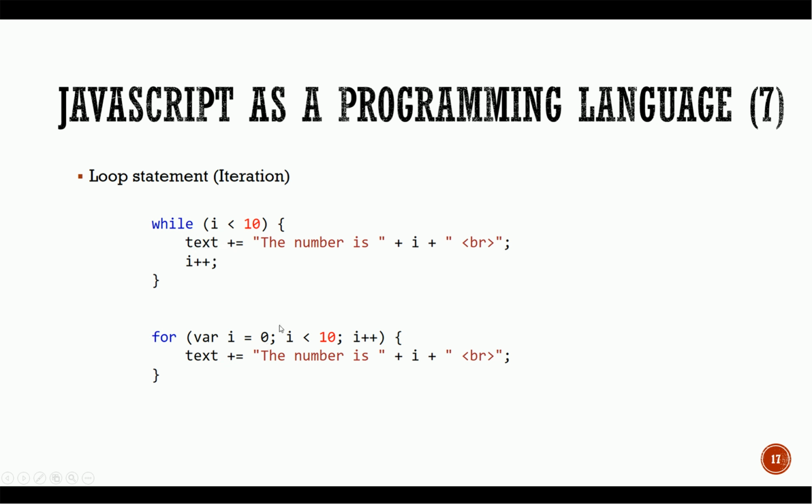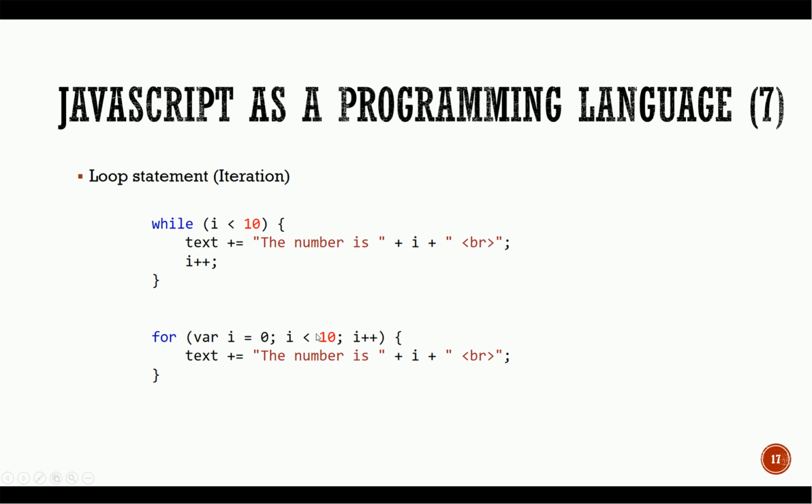Instead of using the while, we have another loop statement we can use, which is for. We see the syntax of the for statement below. We also declare the for, but different from the while statement, we also assign the value for the counter, so we assign it to 0.